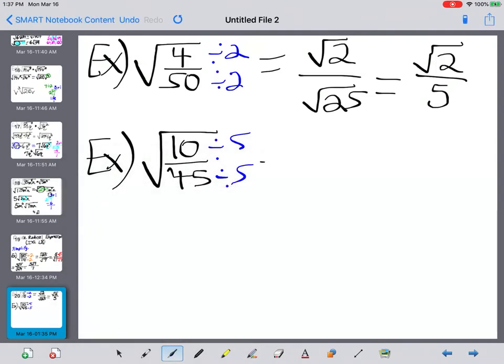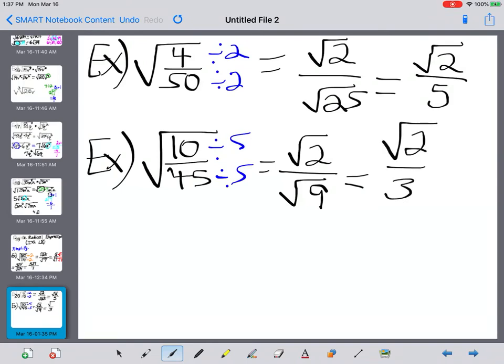I'm going to end up with the square root of 2 over the square root of 9. 45 divided by 5 is 9. So the square root of 9, well, another perfect square. So I have 3 on the bottom and the square root of 2 on the top. So pretty similar.